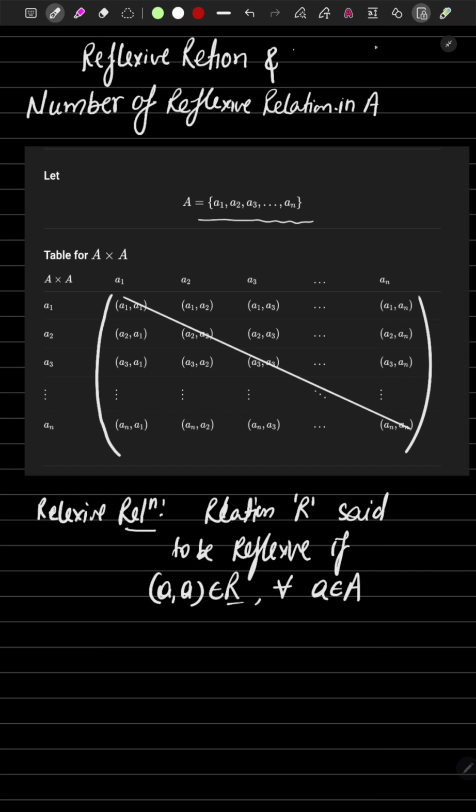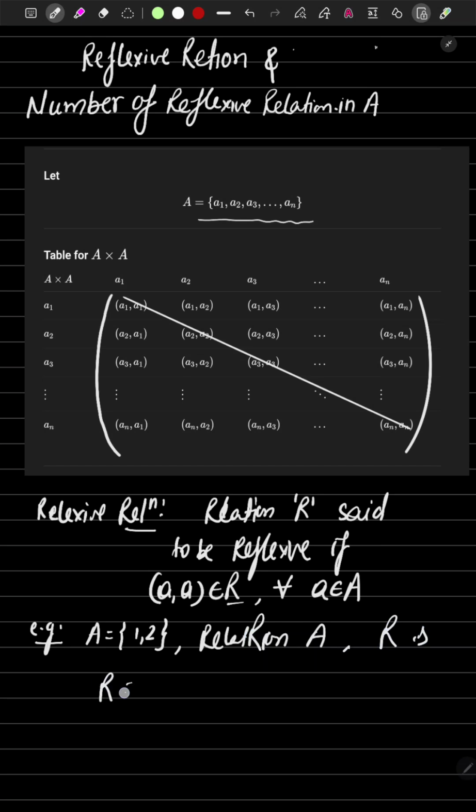I hope this is very clear to you. Let's take one example. Let's say A equals {1, 2}, and a relation R on A such that R is reflexive.